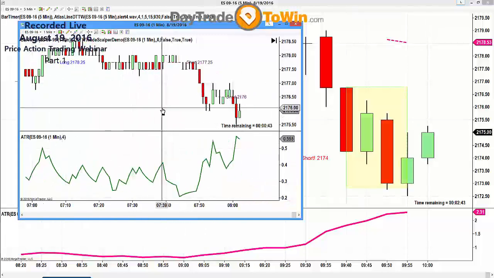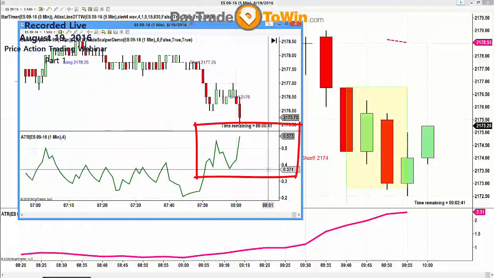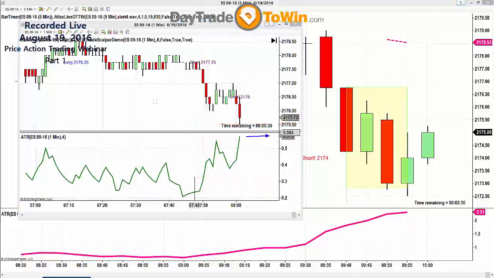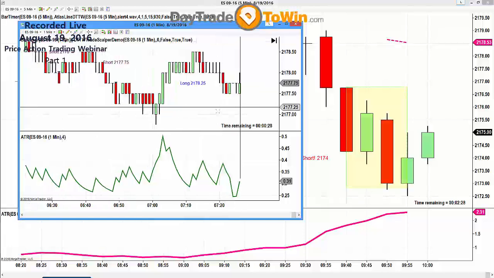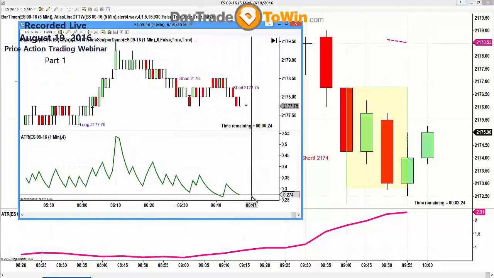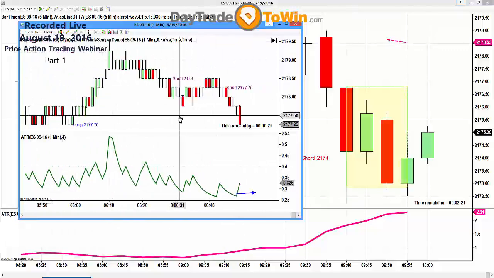On this trade here, it's not 1 tick. It's 2 ticks, half a point. So there's a definite difference in knowing when and how and where you take the trades. The same thing with this here. This is 1 tick. If I was going to go short, it's just 1 tick.